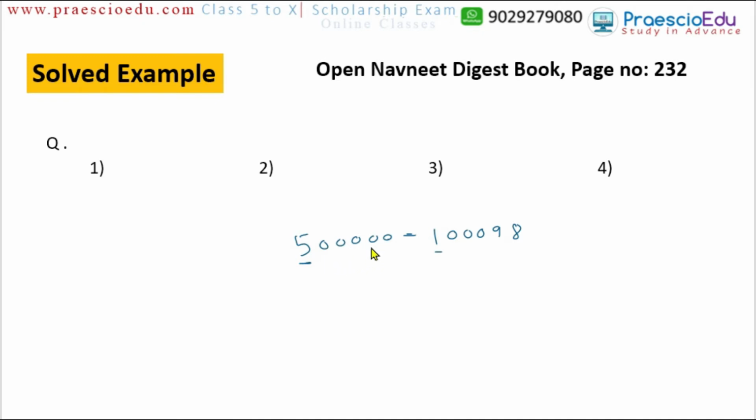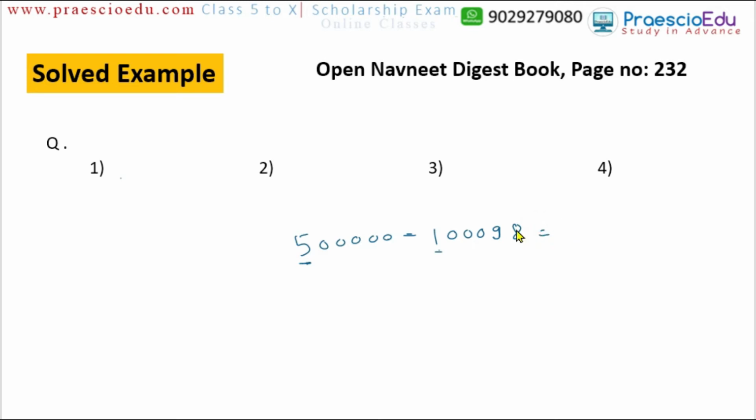Very simply, in the options there is a 5 lakh and something number, then 3 lakh and something, then 6 lakh and something, and then 5 lakh and something. To save our time, we can directly judge that 5 lakh minus 1 lakh is somewhere around 4 lakh, and there is again a subtraction of this 98, which means the answer should be below 4 lakh.